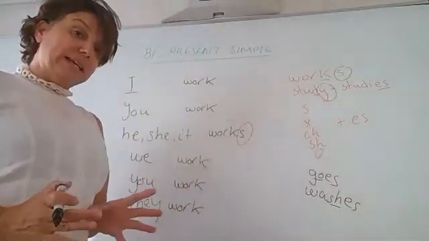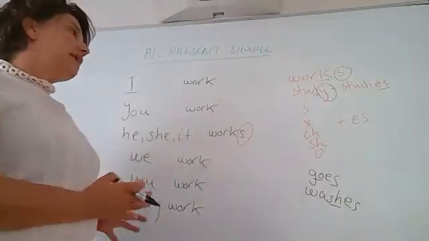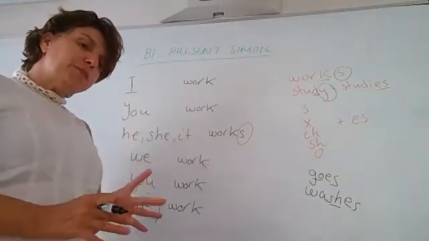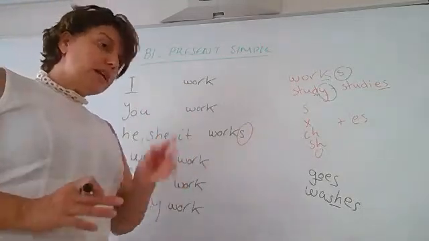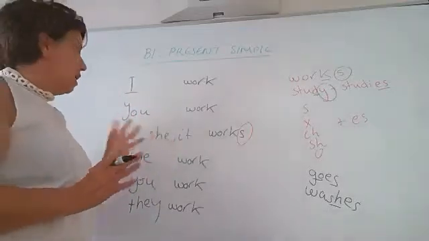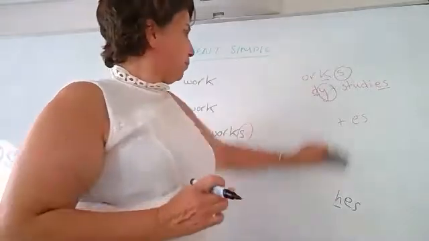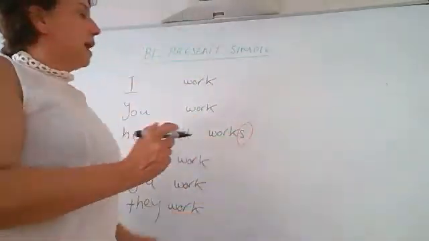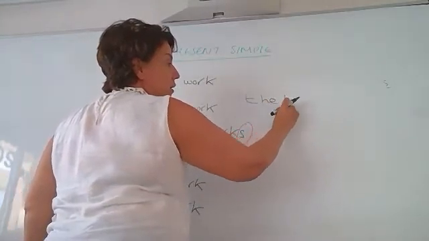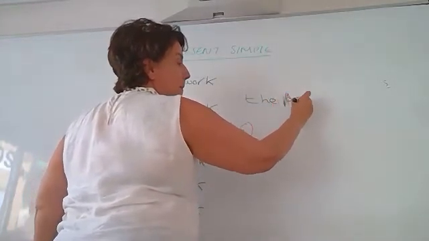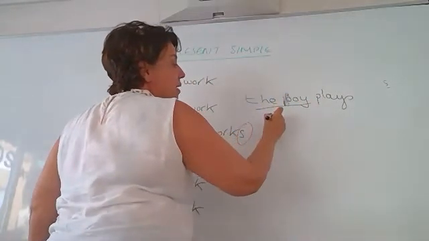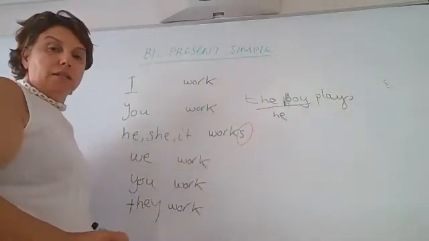Okay, so basically, the verbs are always the same except for third person. The third person singular doesn't necessarily have to say he. It could, for example, say, let's say, the boy plays, because the boy is he.